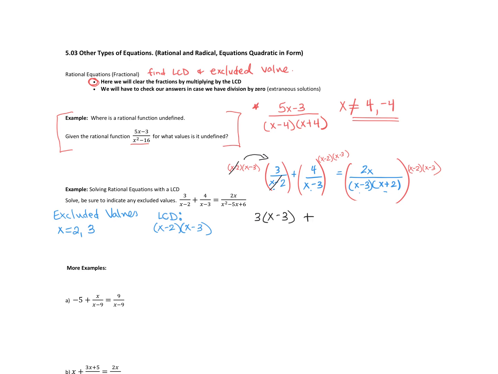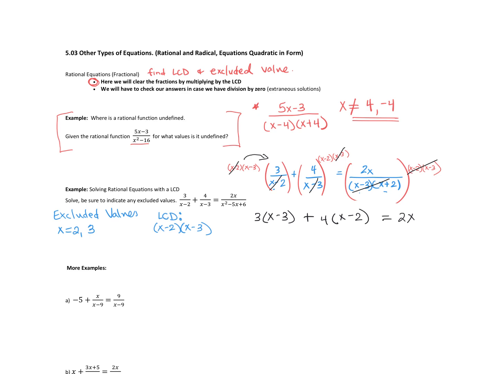When we distribute on the second one, the x minus 3's cancel, and we get 4 times x minus 2. And then here, everything will cancel, and we'll get 2x. And that's what we wanted to happen. When you multiply by the least common denominator, all of your fractions should go away.